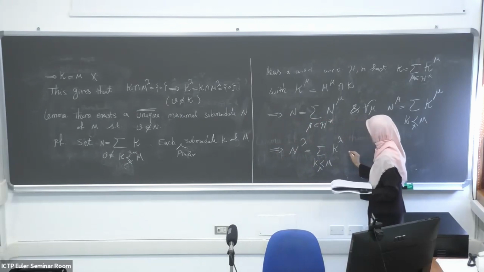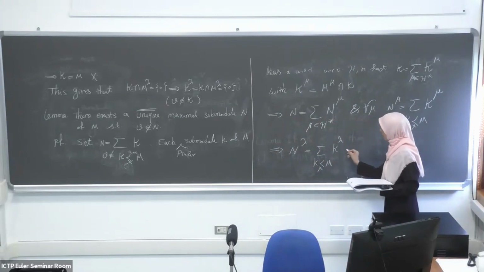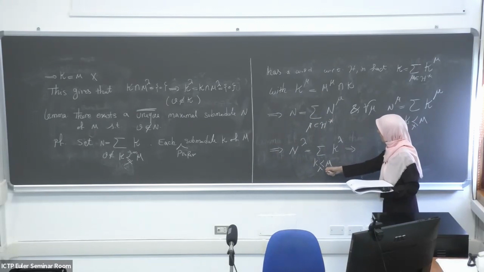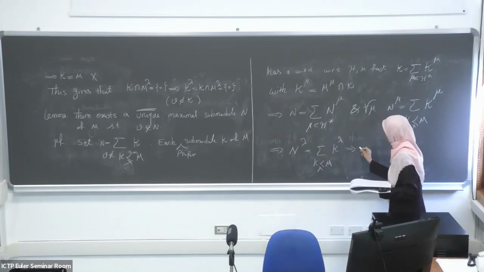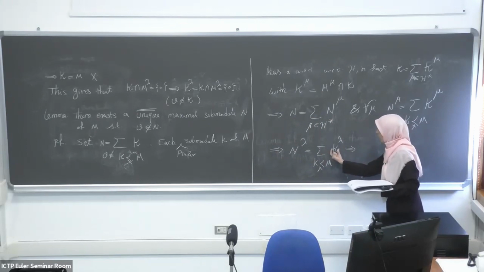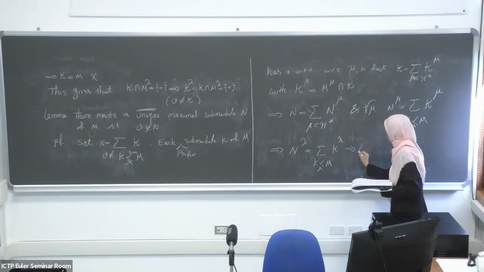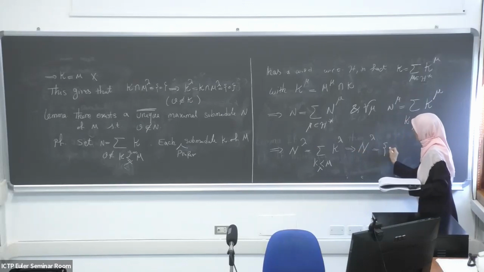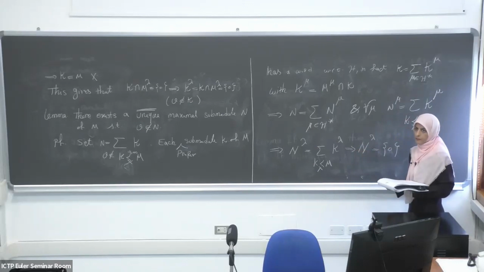And then this shows that, because I told you that each K lambda is 0, it implies that N lambda is 0, right?